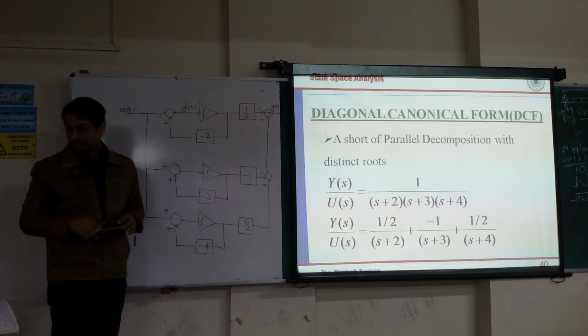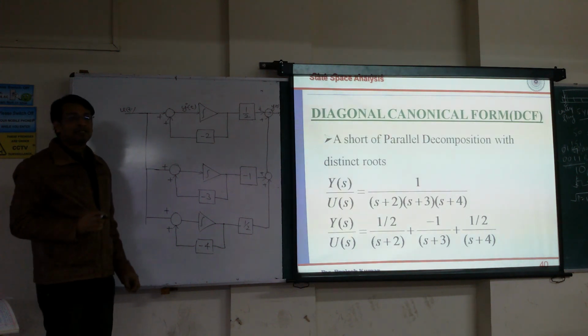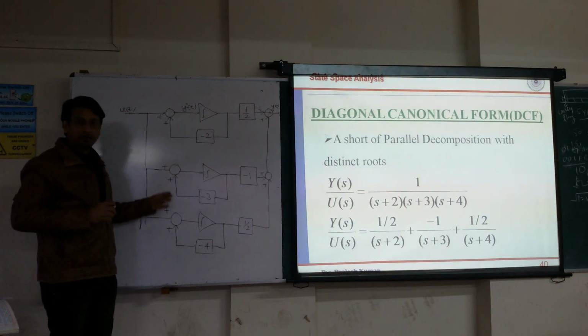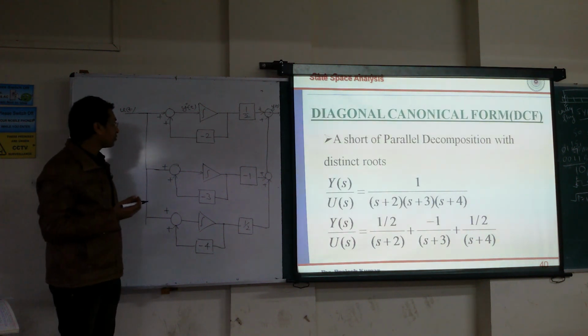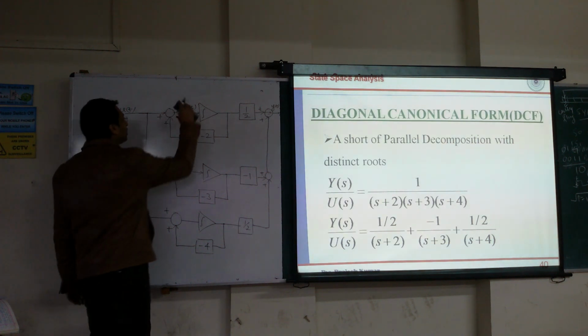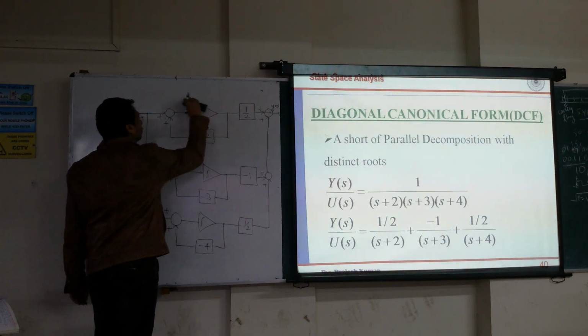Now, our job is to assign a state variable to this given particular decomposition synthesis, and we know that every integration belongs to some state variable. So here there are three integrators, so you can have three state variables. Here you can comment your y dot. Okay.